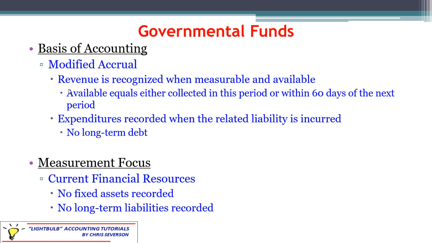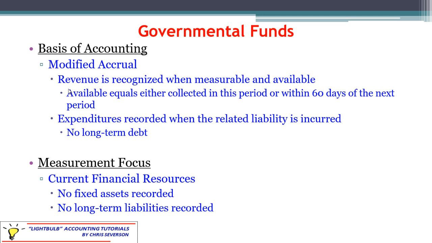It has to be both measurable and available. Available could mean that it's been collected, or it could be collected anytime in the next 60 days or so. But if it's expected to be collected after 60 days, then it's not going to be considered available to pay this current fiscal year's expenditures.